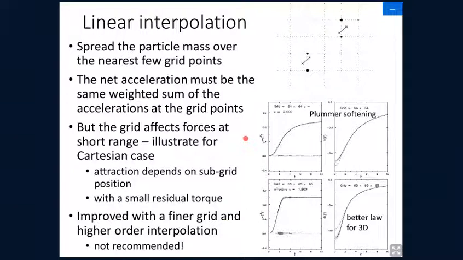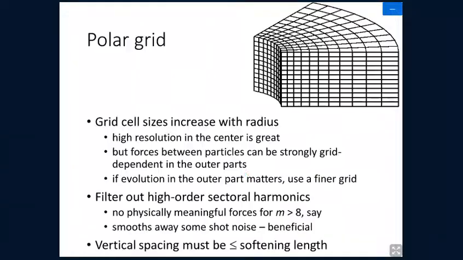There's 2 reasons why that's a bad idea. First of all, it degrades your spatial resolution further because the masses are spread over bigger distances, and secondly, it takes an awful lot more computer time, and you're much better off using your computing resources to improve the number of particles rather than to improve the quality of the forces. And I'll come to explain why that is true in a minute.